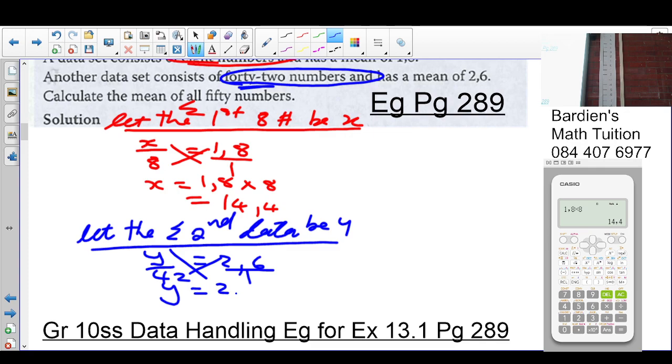So y is equal to 2.6 multiplied by 42. 2.6 times 42 gives us 109.2. Lisa is on the ball today.